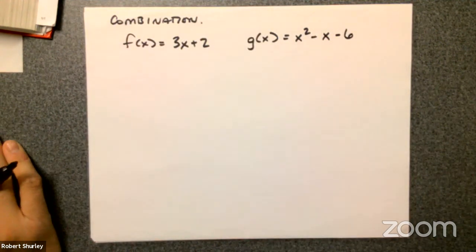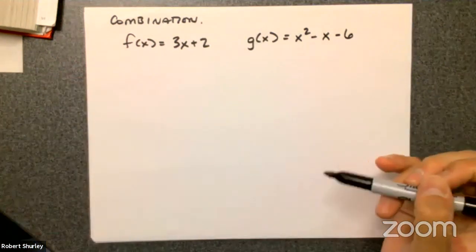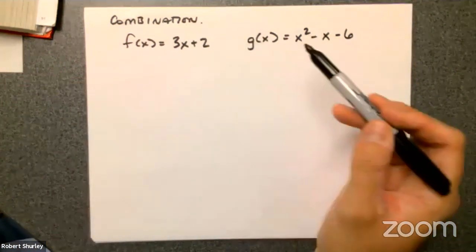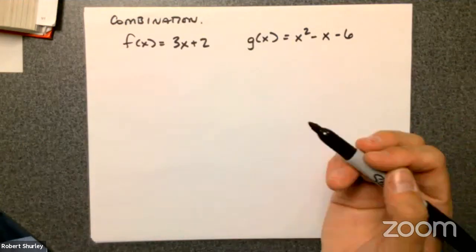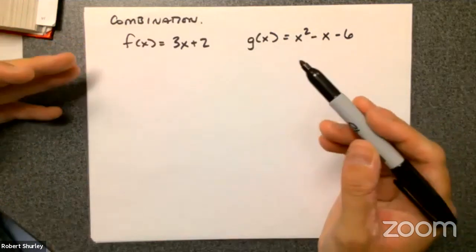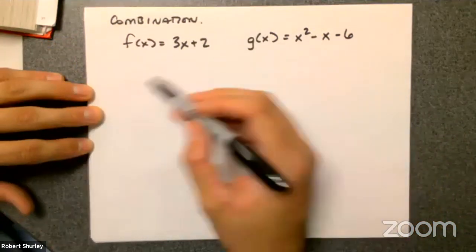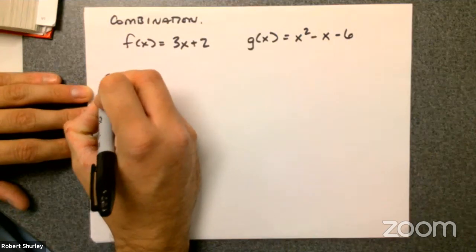There's addition, subtraction, multiplication, and division. And I'm going to go through each one of those with these two functions, mainly to show you how we notate it. I assume you know how to do the operations already, but to see how we notate this. So if I wanted to add these two together, you would actually write it like this. So this is the sum.